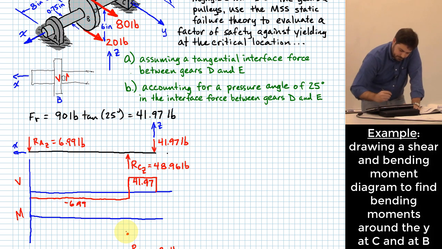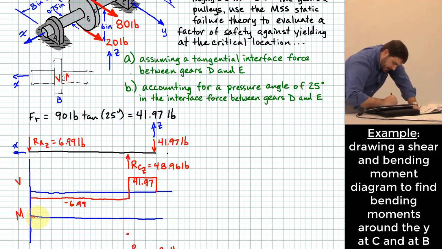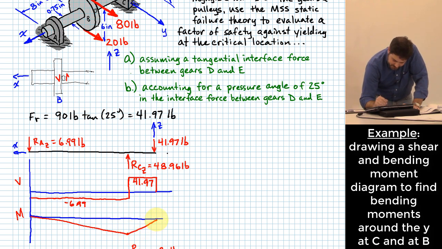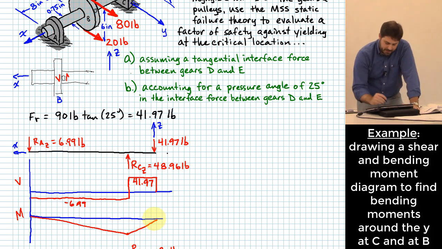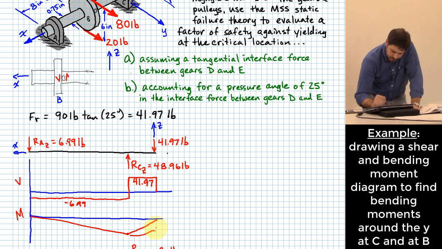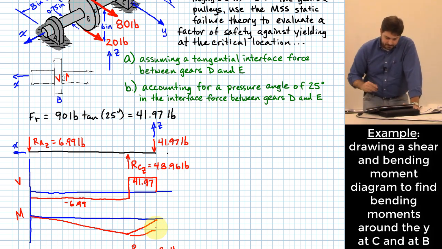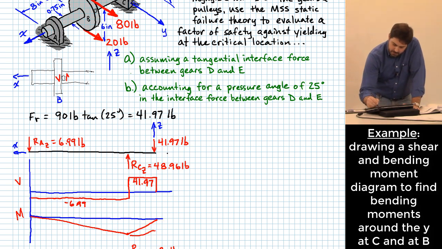It's going to be negative sloping downward like this, and then positive sloping upward like this. How do I figure out what that value is right there? This was 3 inches, remember.